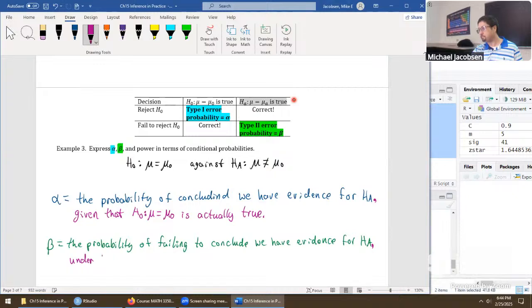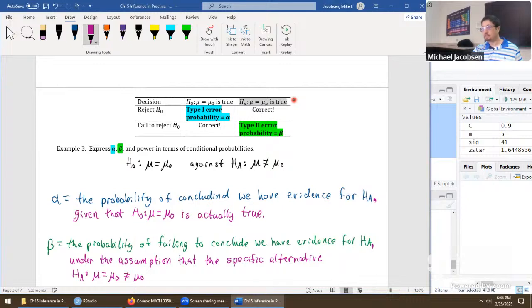Under the assumption that the specific alternative HA, mu equals mu A, which would not be equal to mu naught, is actually true.